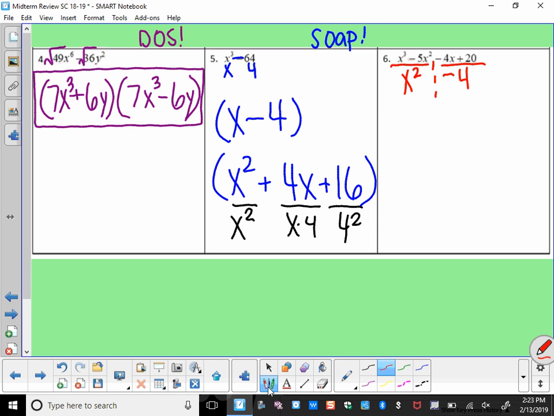Alright, so I bring down my GCF and then I divide. What is x cubed divided by x squared? Just x. Negative 5x squared divided by x squared? Negative 5. The answer is x squared minus 4. On the other side, if I divide, I get x minus 5.